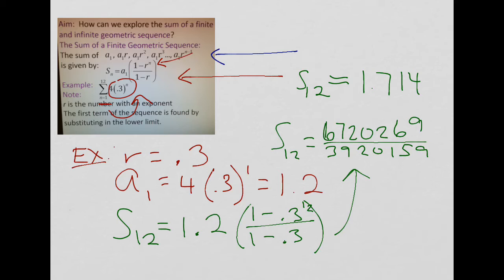All right, so next. This particular problem is a little bit different. It's saying the sum of an infinite geometric sequence. It may seem strange to you, but we're going to go into it a little bit further in our next few lessons.